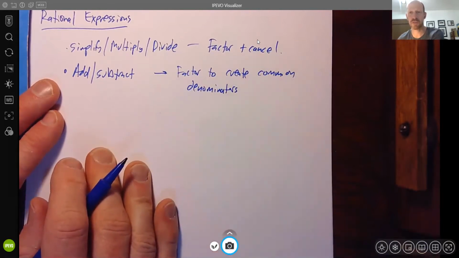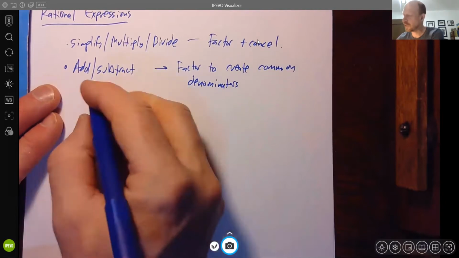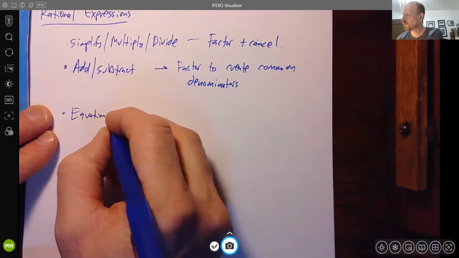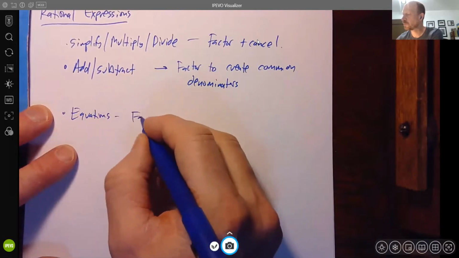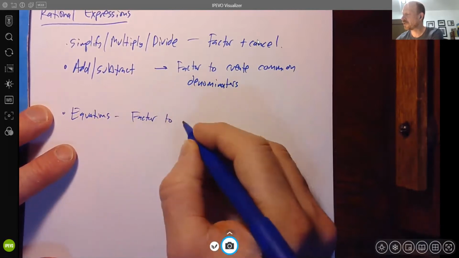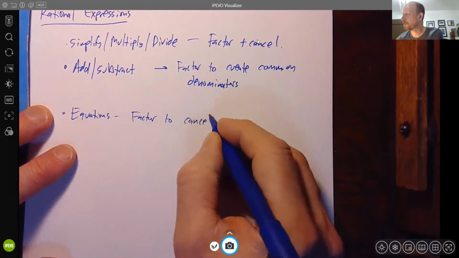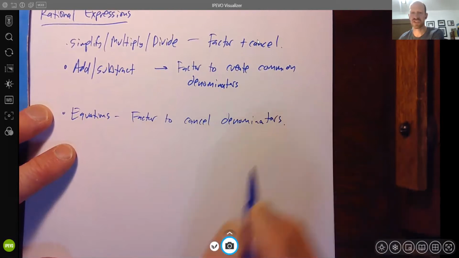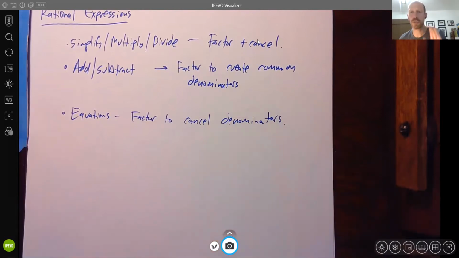So that we can add or subtract the terms together. And then finally, we have equations where we factor to cancel denominators. 3 very different types of approaches and problems.